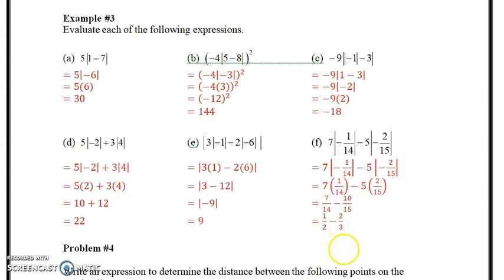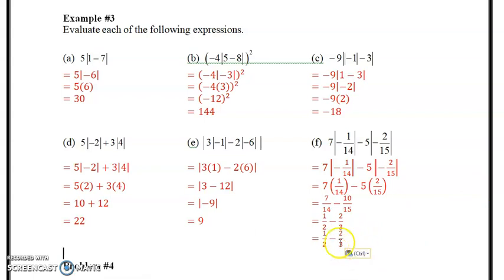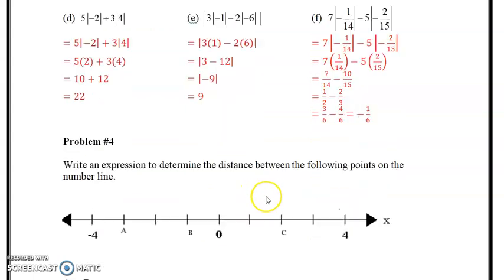Again, you could have done it the other way, and then you just had to simplify the fraction. So 1/2 we know can be written as 3/6, and 2/3 we got written as 4/6. And then we just subtract the 2 and we get negative 1/6 for our final answer. And that's it for example number 3, evaluating expressions.